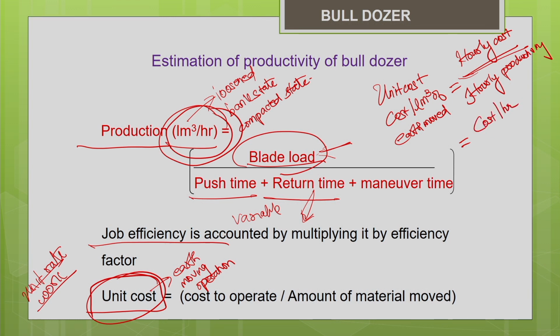So, you know the cost per hour in rupees, divided by the productivity of the machine in loose meter cube per hour, and you can find the cost per loose meter cube of earth. This is the unit cost of production.